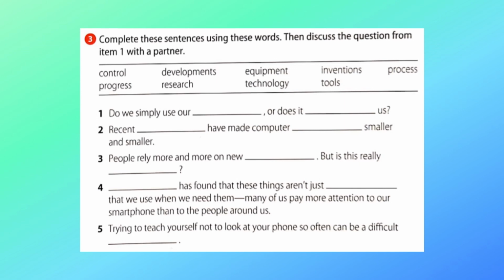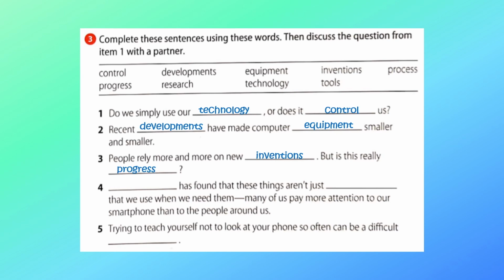Okay, now that you've answered, let's check. So the first one, do we simply use our technology, or does it control us? Number 2, recent developments have made computer equipment smaller and smaller. Number 3, people rely more and more on new inventions.